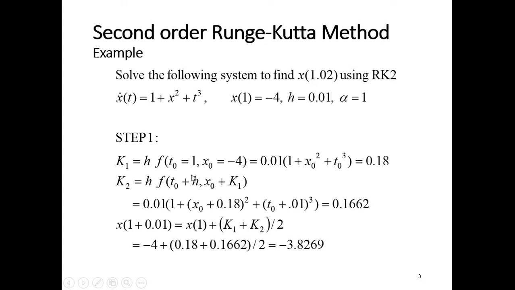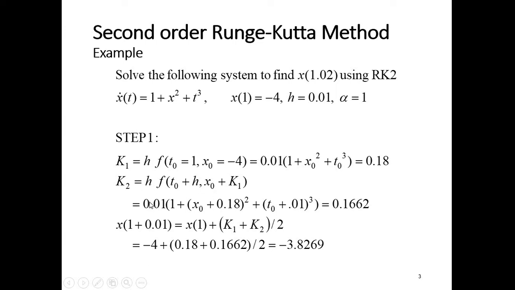Remember, t0 is 1, h is 0.01, so t will be equal to 1.01, and for x, this y coordinate will be x0 plus k1. x0 is minus 4, then k1 is 0.18.